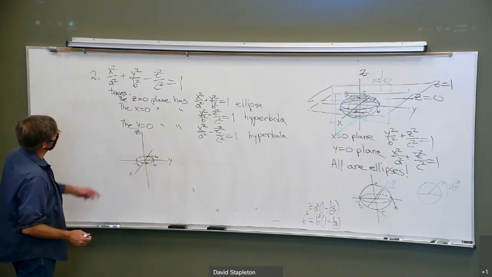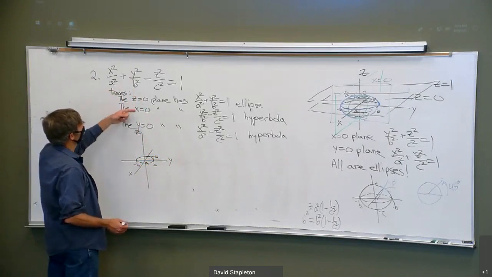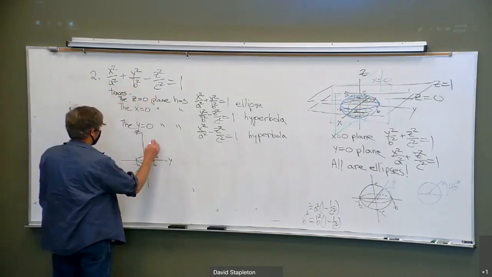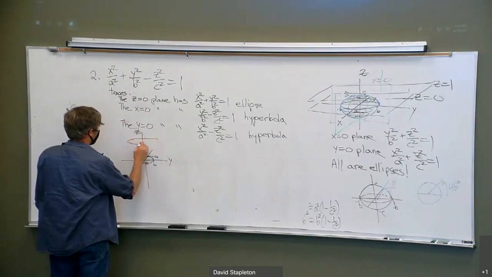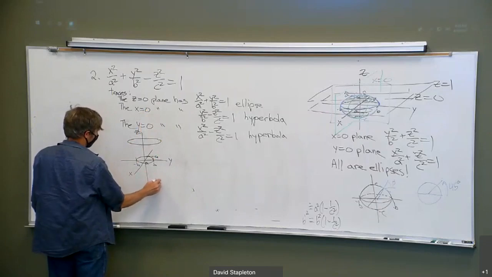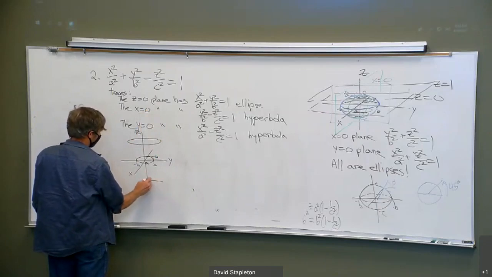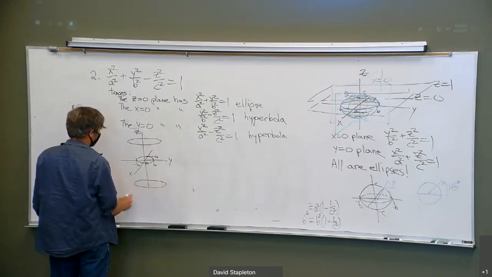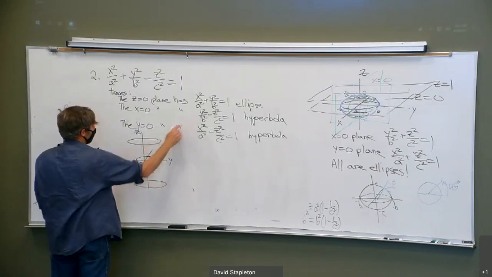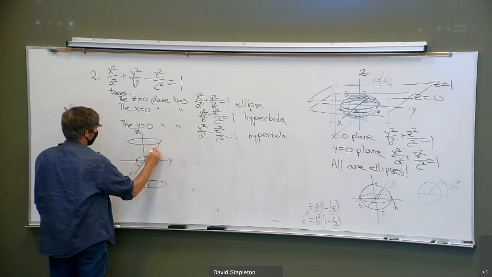But now, if you go to the higher traces, you put z equals 1, for instance, you'll actually get bigger ellipses, like this. And if you go down to lower values and intersect it with z equals a negative number, you will also get bigger ellipses. Then in the yz plane, you get cross sections that are hyperbolas.